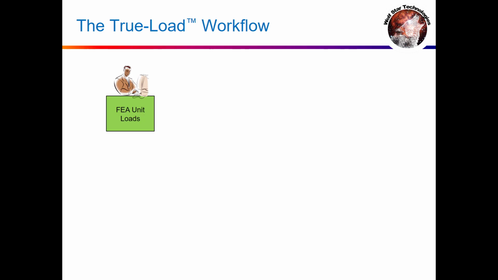But the mindset you need to have with these unit load cases is: if you could mix them together, could you approximate the operating environment of your part? So this is you designing the unit load cases for your model that you're going to use to approximate the time histories of loading conditions. Solve that FEA model with all those unit load cases, and then you go into true load pretest.